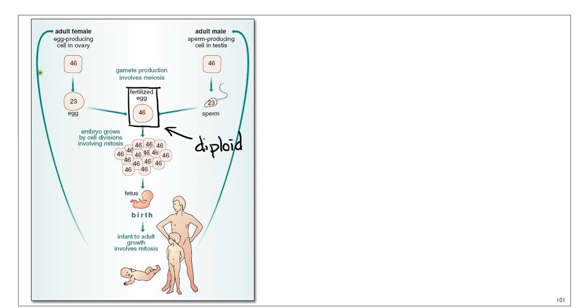These cells that contain only 23 chromosomes, so half the amount, are called gametes or sex cells. In males, the gamete is the sperm, and in females, it is the egg. So the sex cells have only half the amount of chromosomes as a normal cell, so that fertilization can occur.